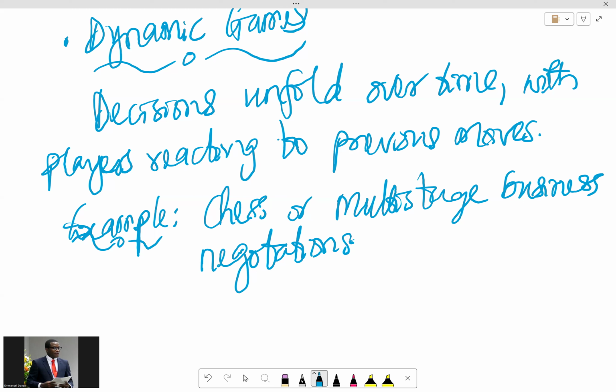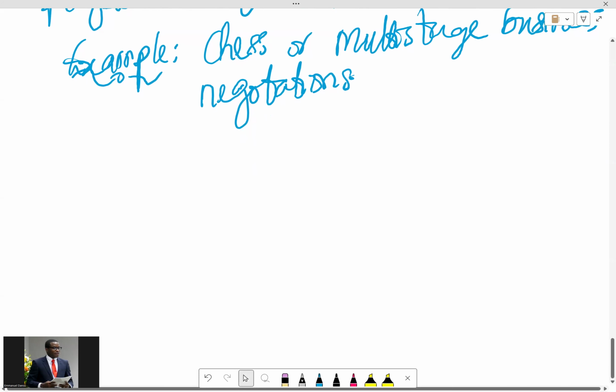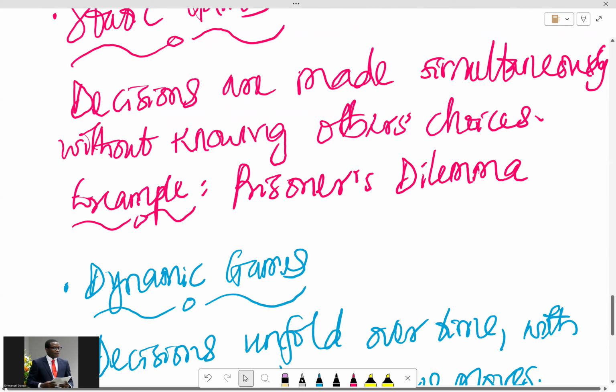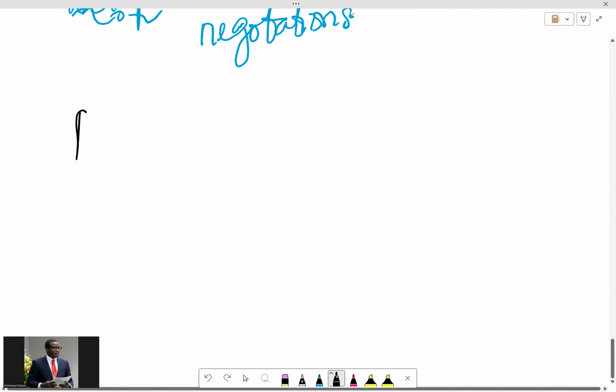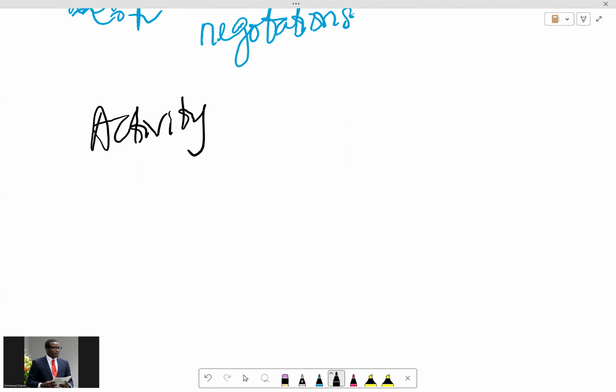So a very good activity in this area may be to classify the following scenarios into the types of games discussed. I think it's important to do this, like some kind of practice question, which is very cool. So let me just call that activity. So you want to try this out.